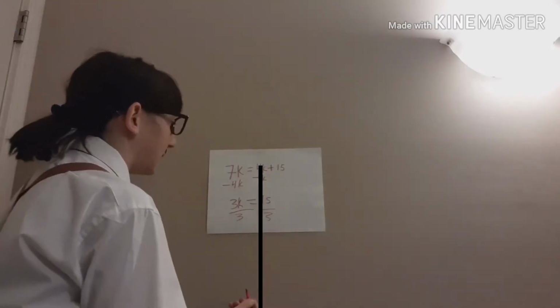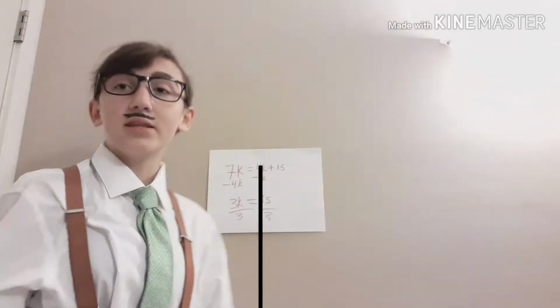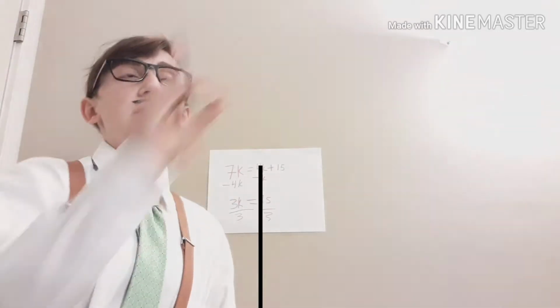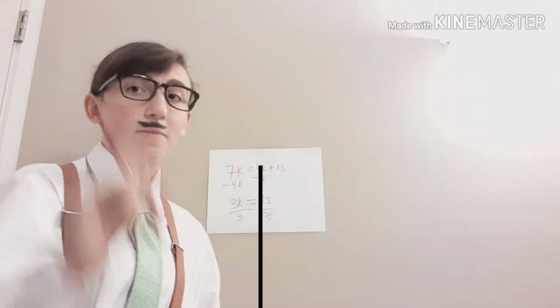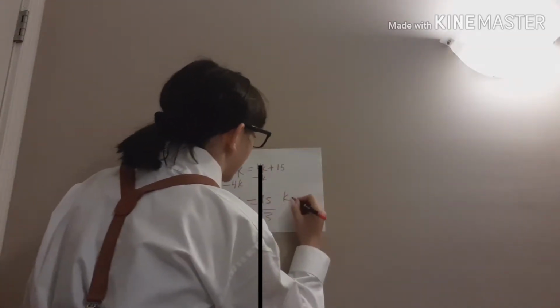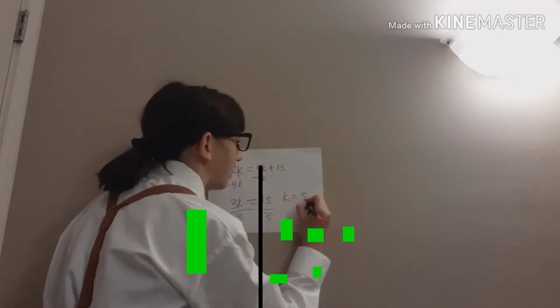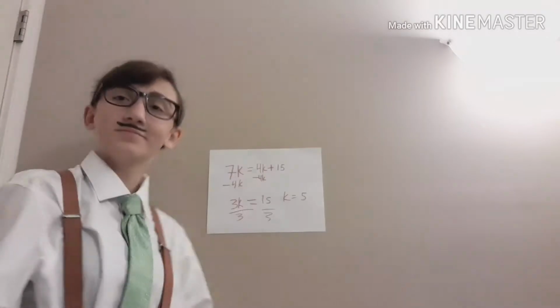An easier way is to just divide, but using the algebra tiles, you would take each k and line an integer up with it, and then you will find that k is equivalent to 5. Boom. Alright, so that was our first equation, and now let's go on to the next one.